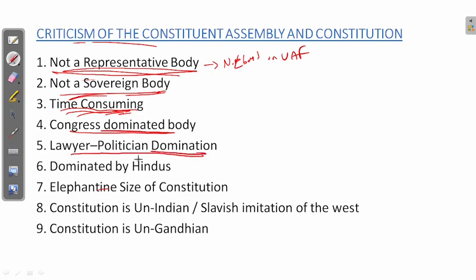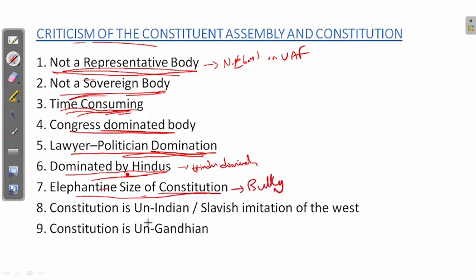They said other sections of society were not sufficiently represented, and also the main reason is the bulkiness of the Constitution and the complicated language in it. Next, dominated by Hindus. Some critics said the Constituent Assembly was Hindu dominated. Next, the elephantine size of the Constitution, very bulky.